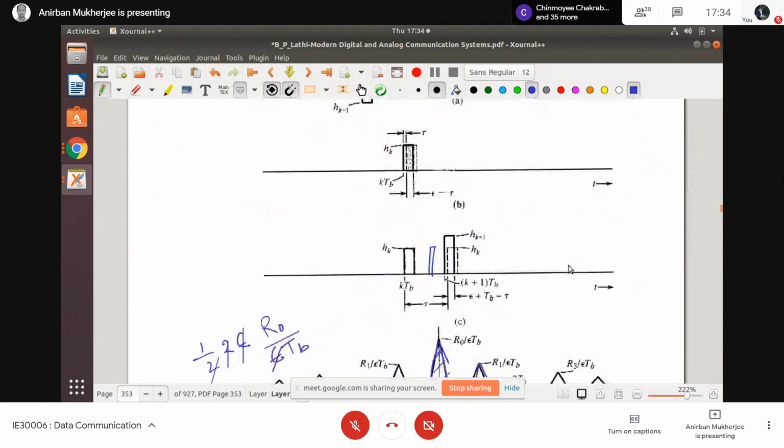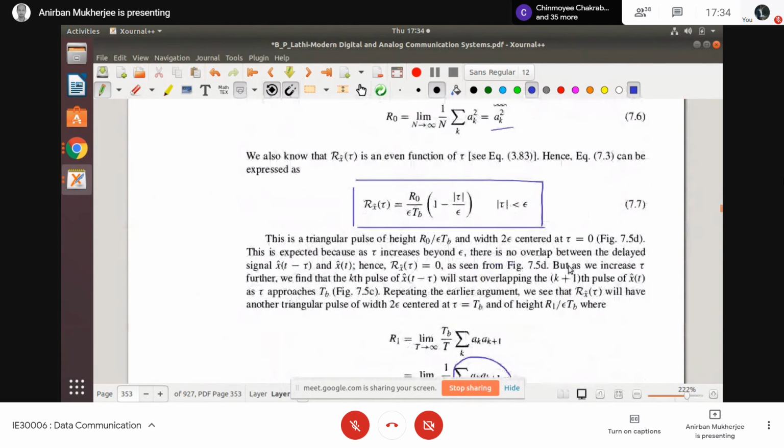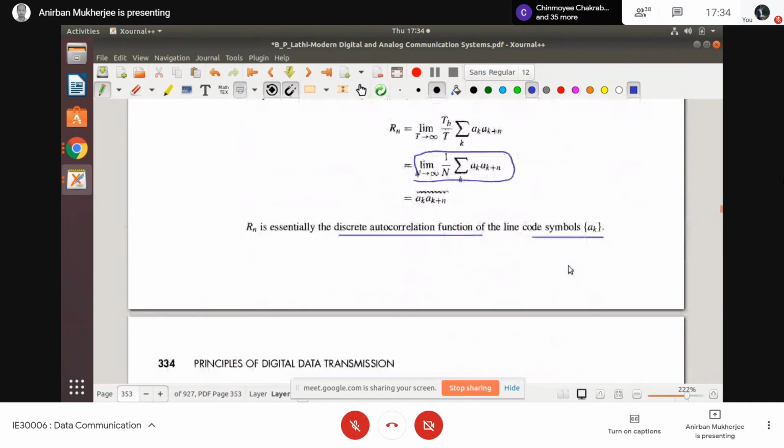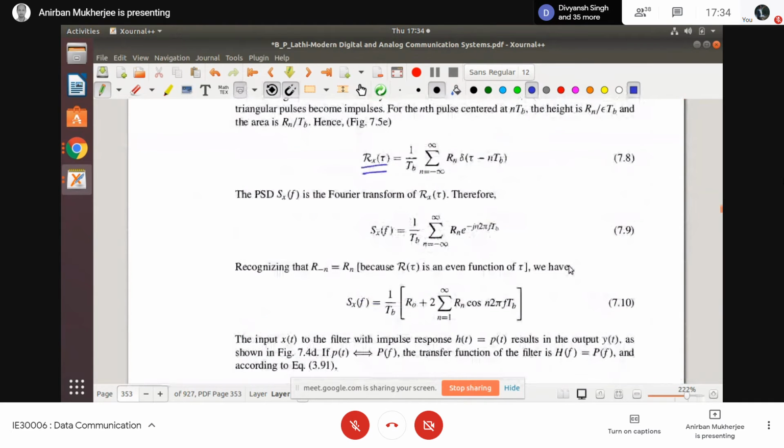With this autocorrelation, I am calculating the power spectral density of x, which is just 1 by Tb, sum over n from minus infinity to infinity of R_n e to the power minus j 2 pi f n Tb, taking the Fourier transform.